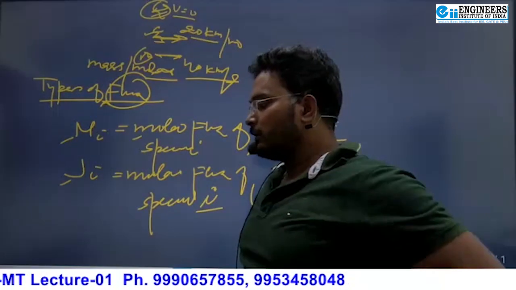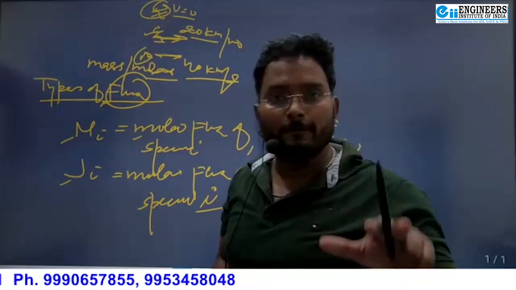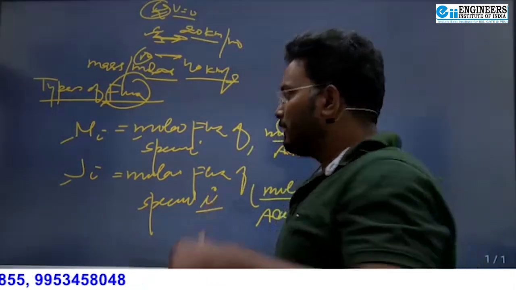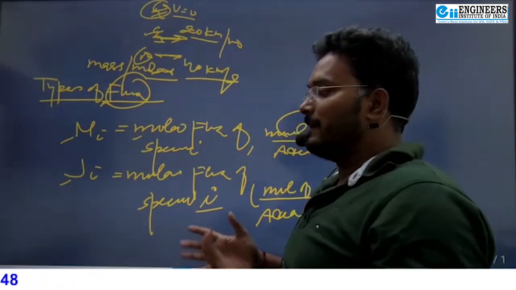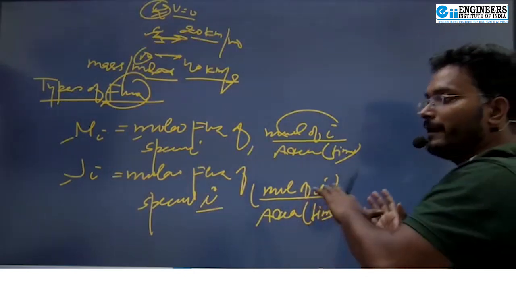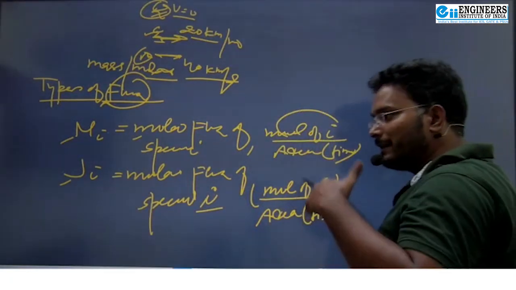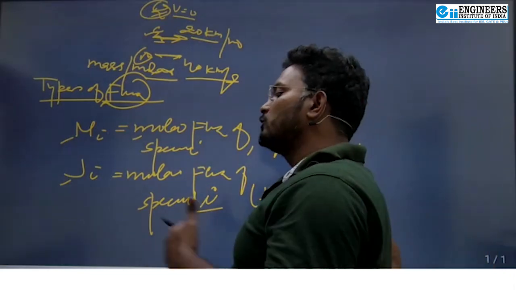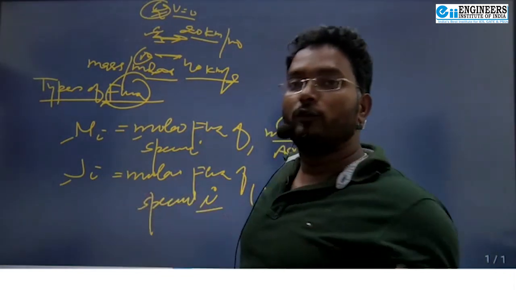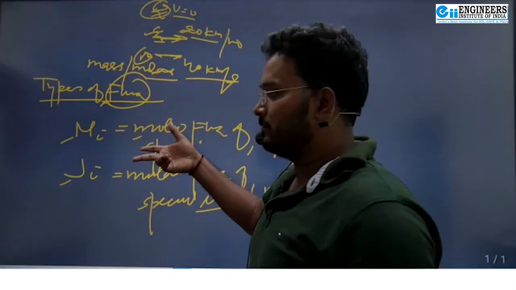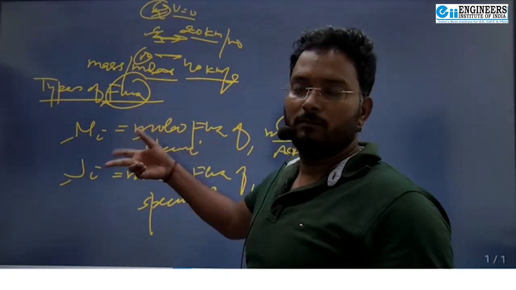So in both cases you will find two different speeds. Similarly, if you want to measure the flux of any molecules transferring from the region of high to low concentration, when you measure the rate at which the moles or species transfer, you will find two different rates, two different fluxes. Are you getting the point?